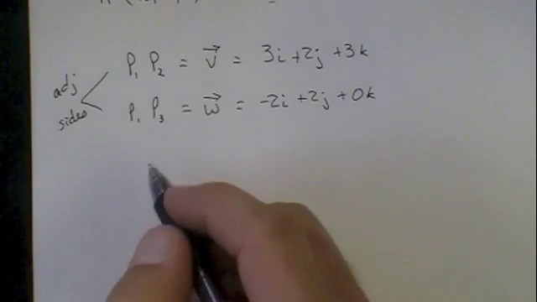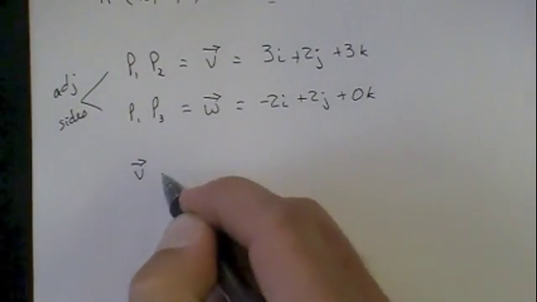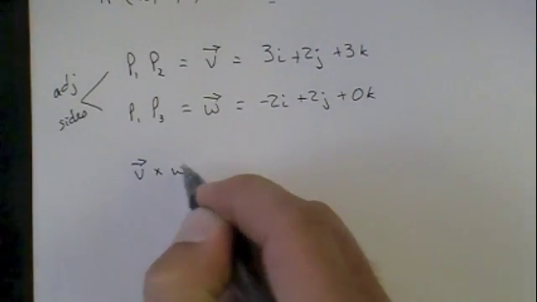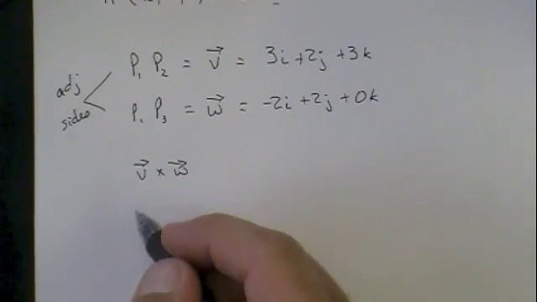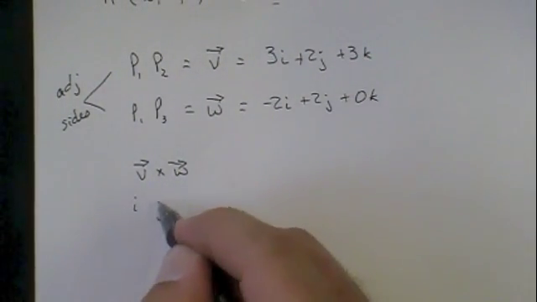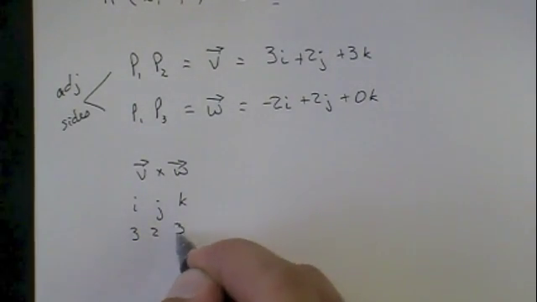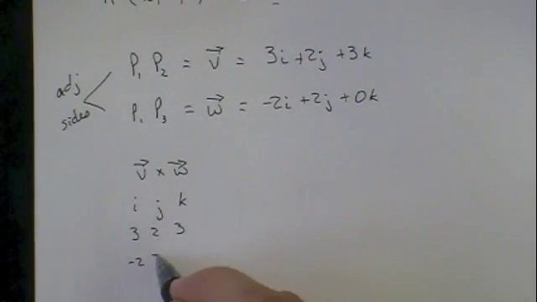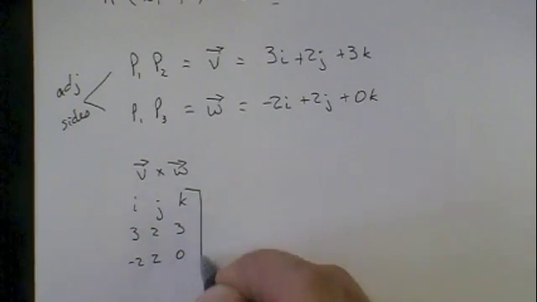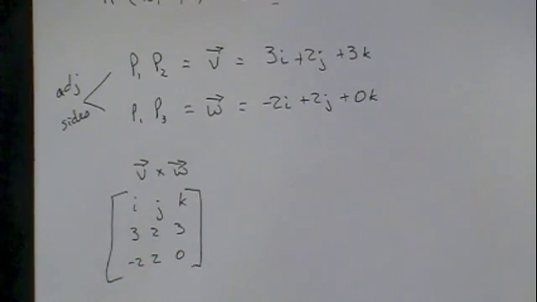So first we need to find the cross product of v and w. Again, I'm going to take my i, j, and k components, and we have 3, 2, and 3. And then here we have negative 2, 2, and 0. Now we're going to take the cross product of this.